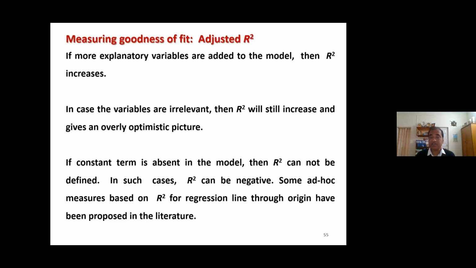So in this case, the value of y is going to be zero when all the input variables are zero. That means the intercept term is going to be zero. And in this case, you cannot use R square. But still many times people use it and they try to give the value. I don't know how they are trying to give it.